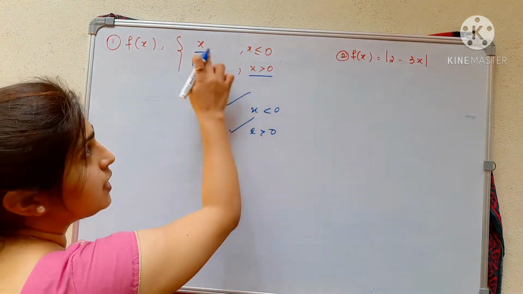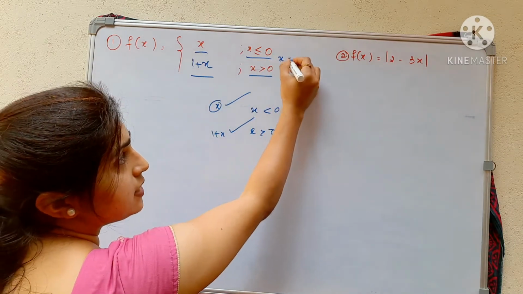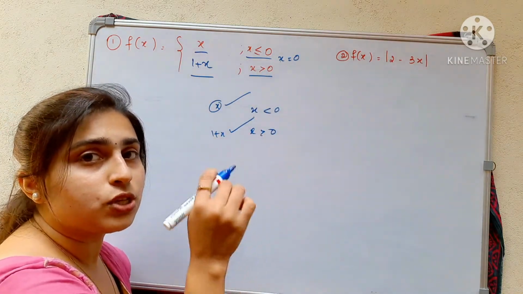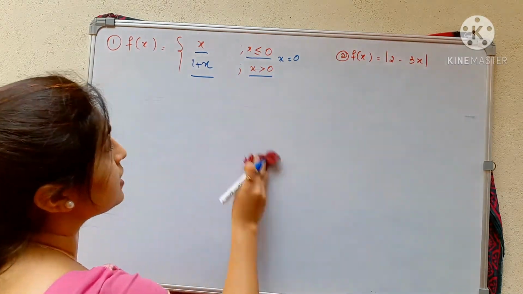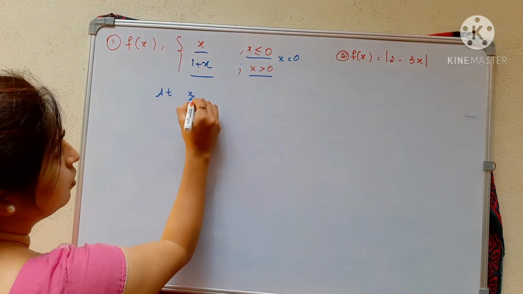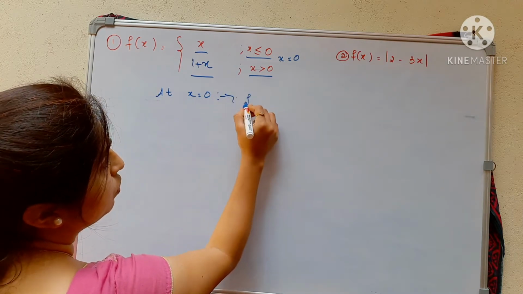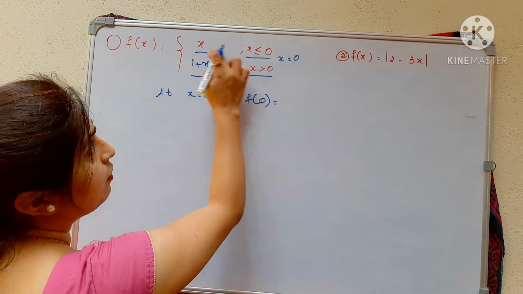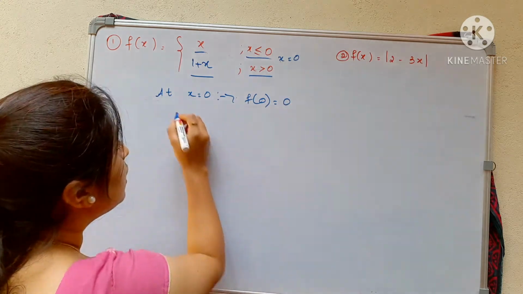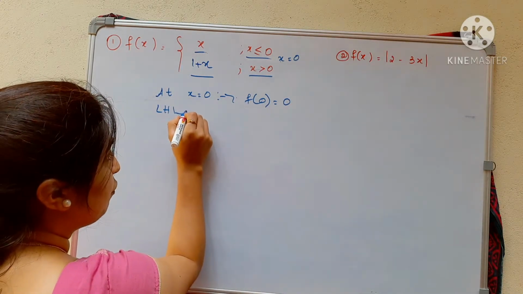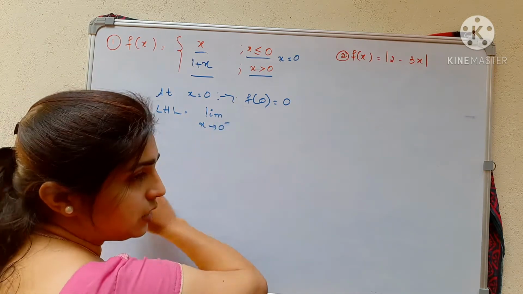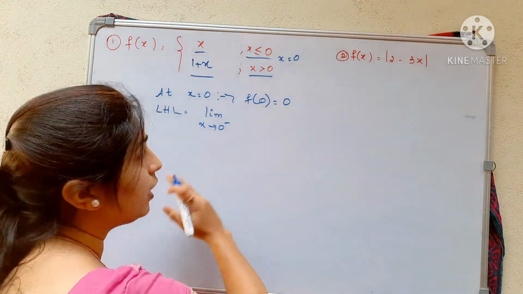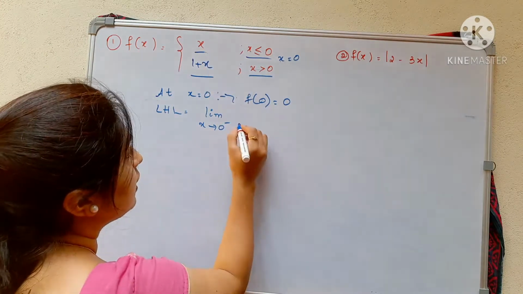This function is changing its value at x equal to 0, so we have to check the continuity at that particular point. At x equal to 0, the function value f of 0 is equal to x, that is 0. Next, the left hand limit, that is limit x approaching 0 from the left, where the function is x.